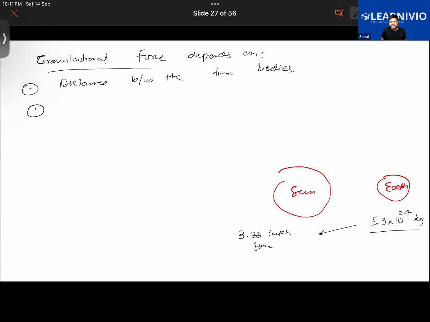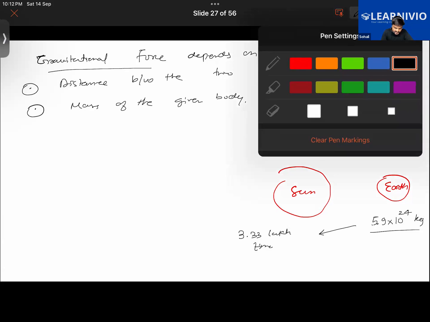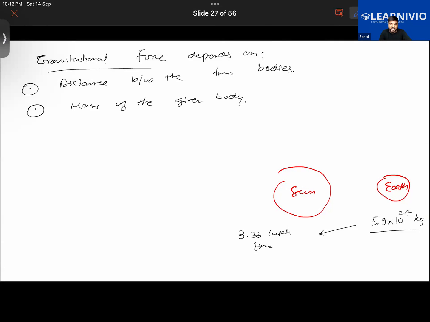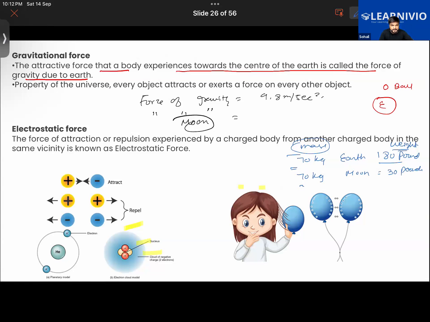So obviously the sun has a huge mass, so the gravitational force of the sun will be more because of its mass. So mass also determines the gravitational force. Higher the mass of the given body, higher will be its force of attraction, higher will be the gravitational force. Is that much clear? I hope it should be clear.